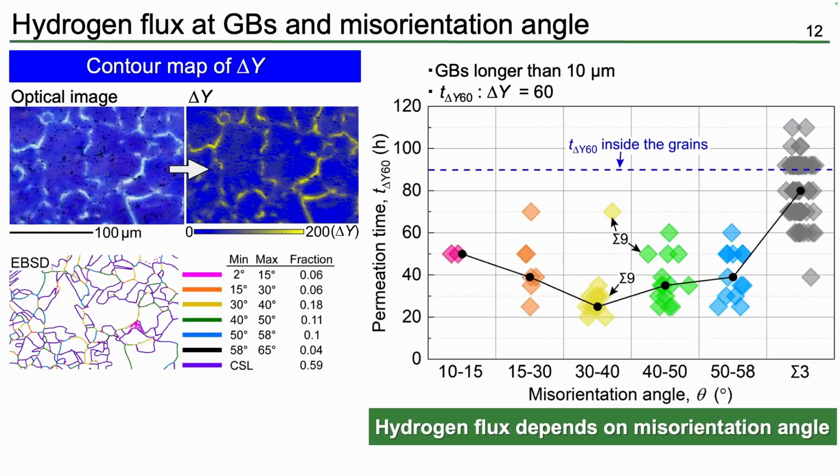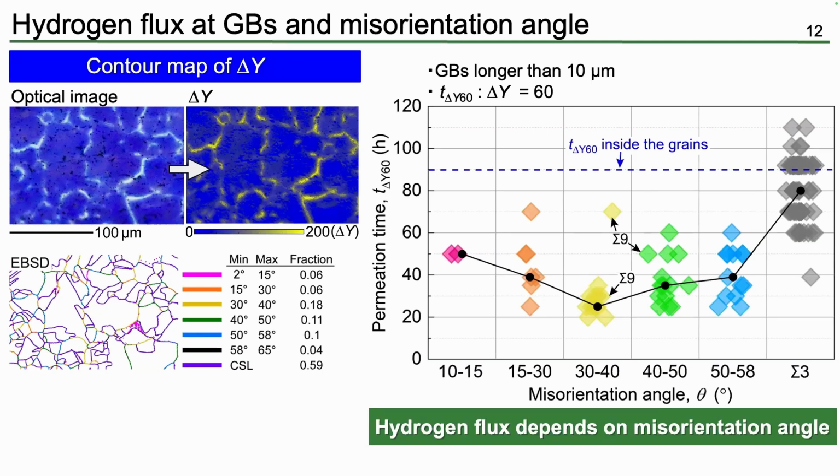Based on this result, I can say the random grain boundaries' hydrogen permeation time was shorter than sigma-3 grain boundaries. So this indicates hydrogen flux at random grain boundaries is higher than sigma-3 grain boundaries. Because the hydrogen permeation time inside grains was longer than the sigma-3 boundaries, it seems that the inside of the grain shows the smallest hydrogen flux in pure nickel.